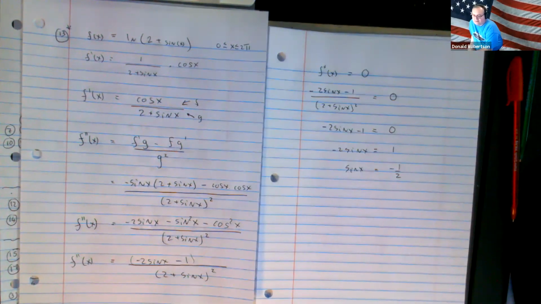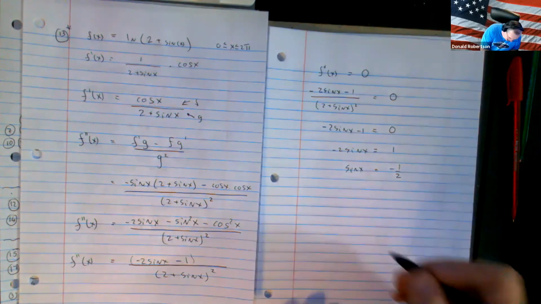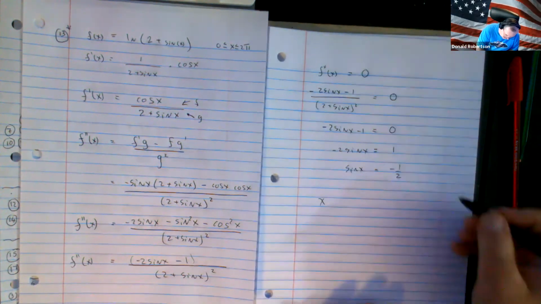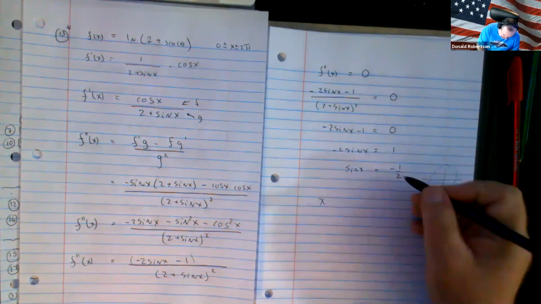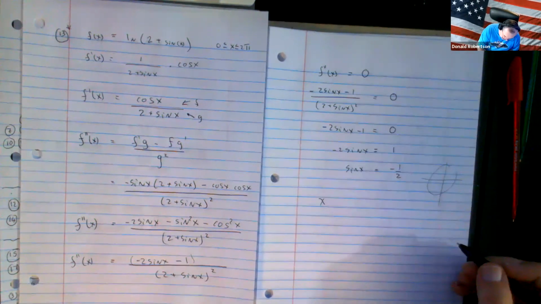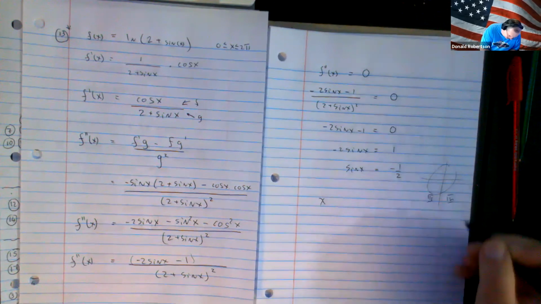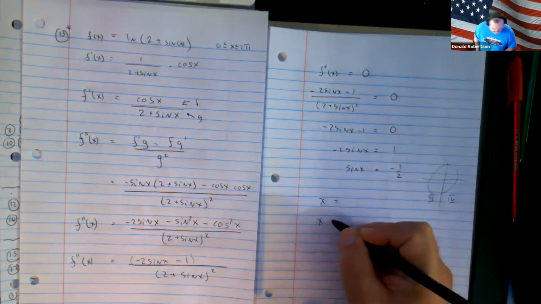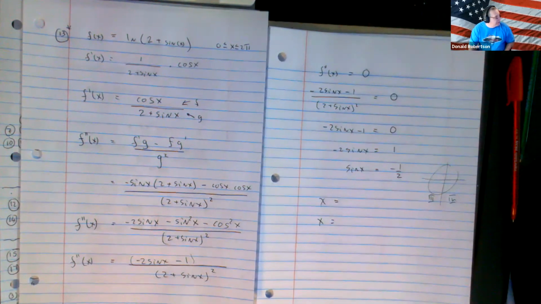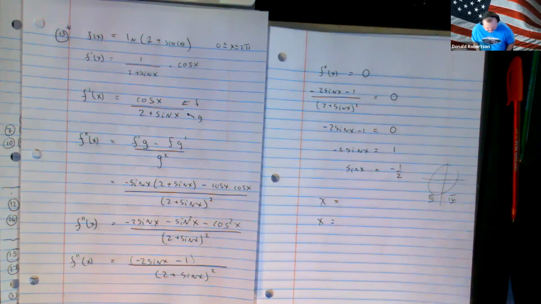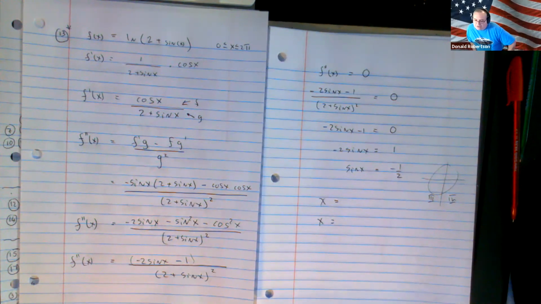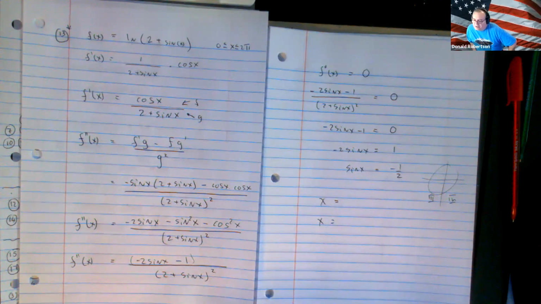Right. Now I'm looking for two angles in the unit circle where the sine is negative 1/2. And isn't that going to be in the third and fourth quadrants? Agreed? What angle has a sine of negative 1/2 then? There's two of them. Just give me any one of the two. One's in the third quadrant, the other's in the fourth. If you've got your unit circle handy, you should be able to read it off.